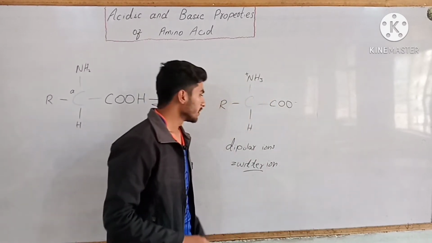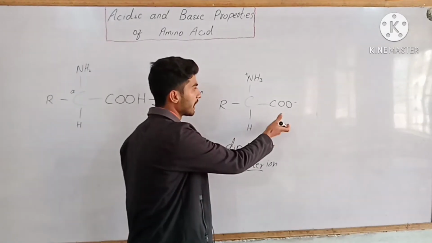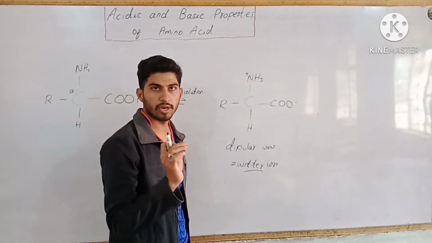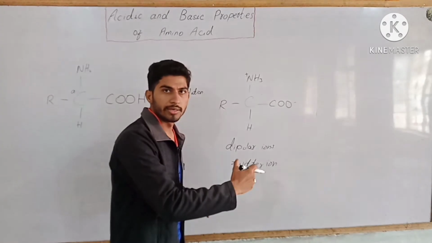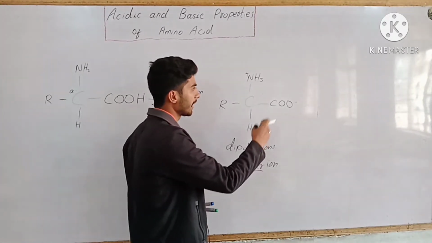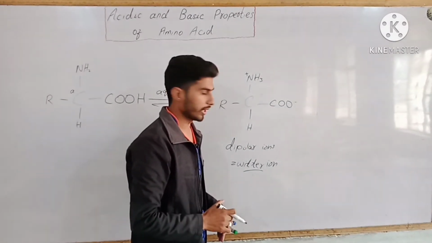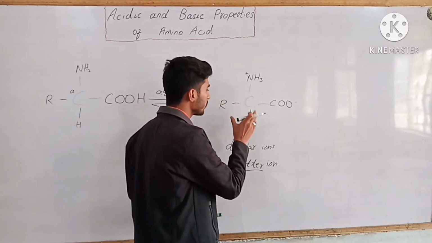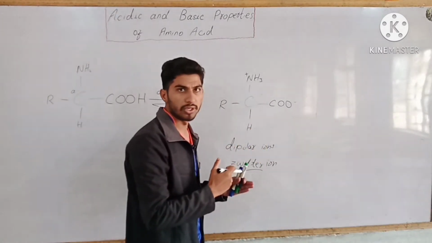Overall, this Zwitter ion is neutral because it contains one negative charge and one positive charge. Now we will discuss what happens if we put this Zwitter ion in an acidic solution or in a basic solution.